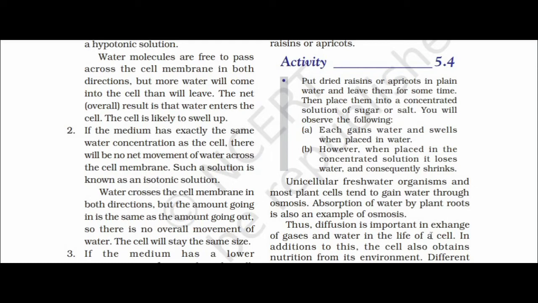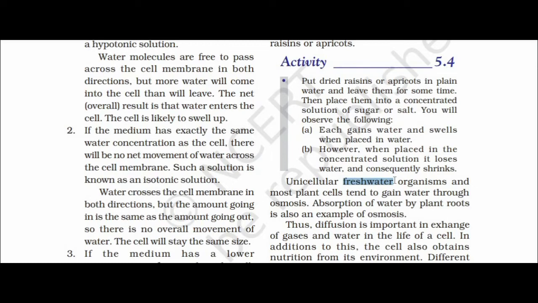So in the case of unicellular, meaning having only one cell, freshwater organisms, unicellular organisms living in fresh water, and most plant cells tend to gain water. They gain water through osmosis. How come?